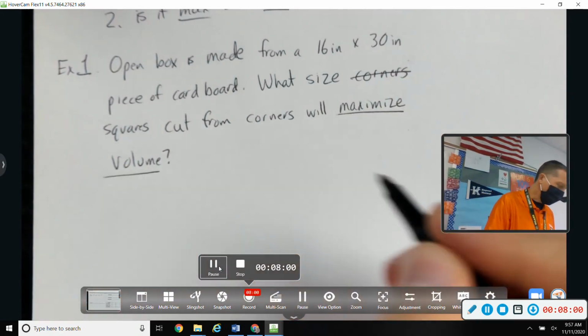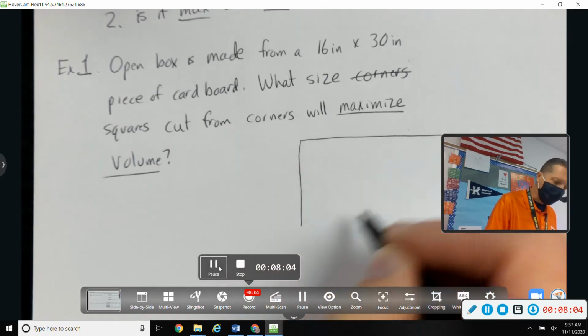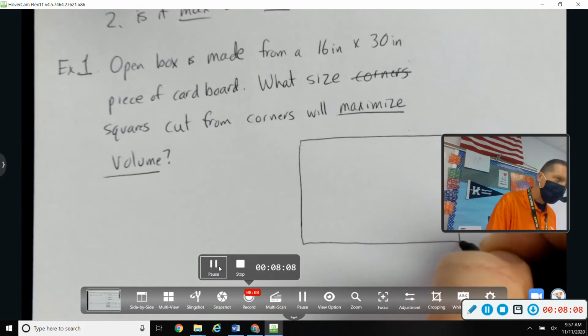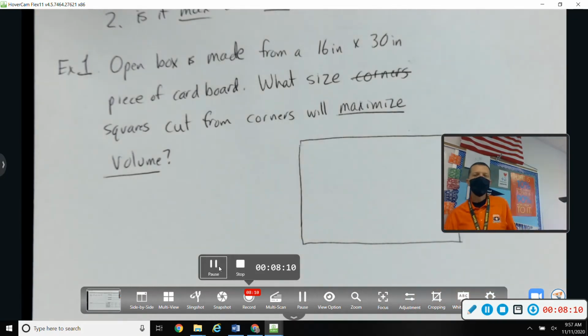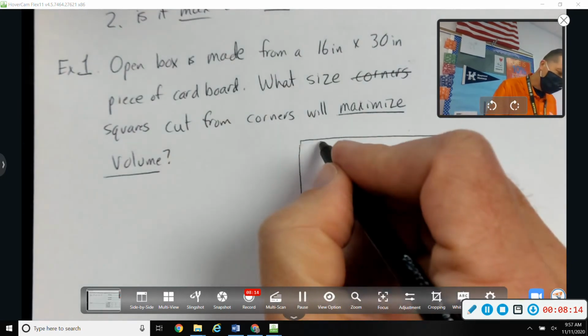Maximize volume. All right, let's draw a picture of the box, or of the rectangle, I guess I should say. And we want to cut corners.